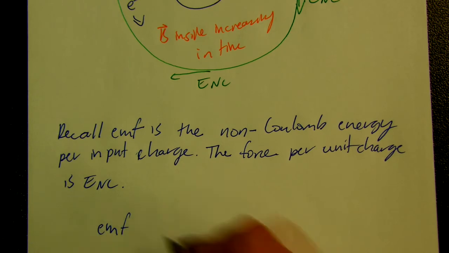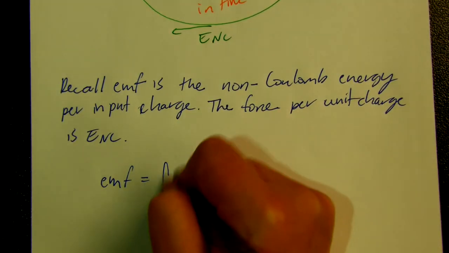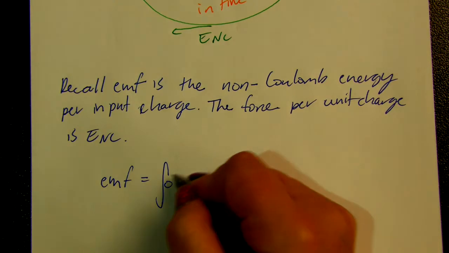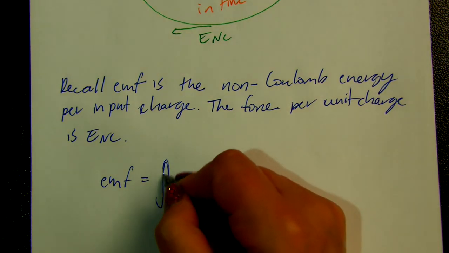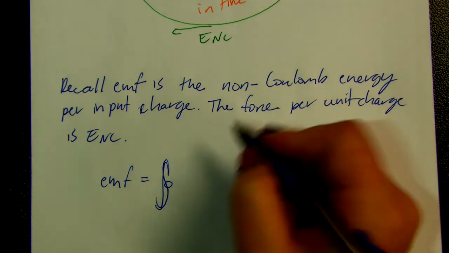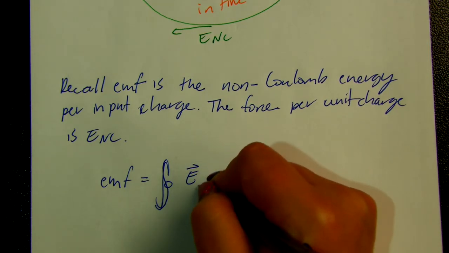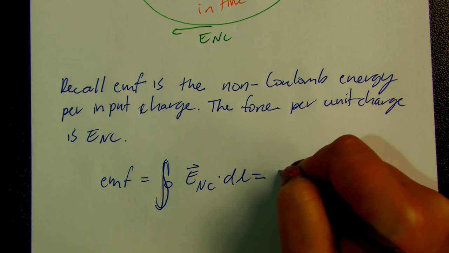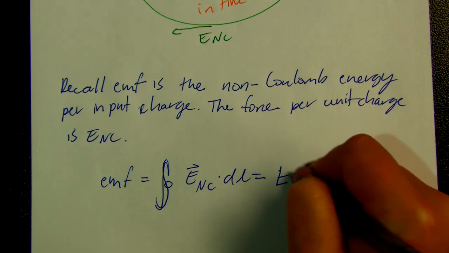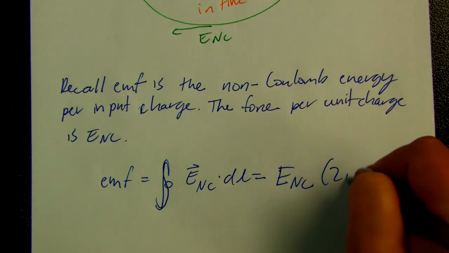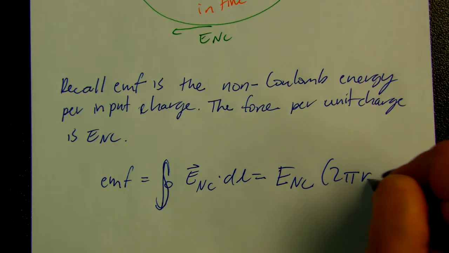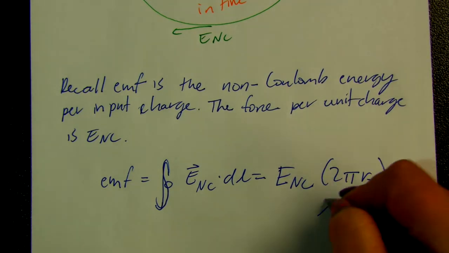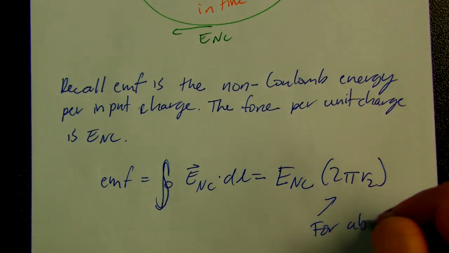So EMF is equal to the path integral of ENC dot DL, which in the case of the ring would be ENC 2 pi R, for the above diagram.